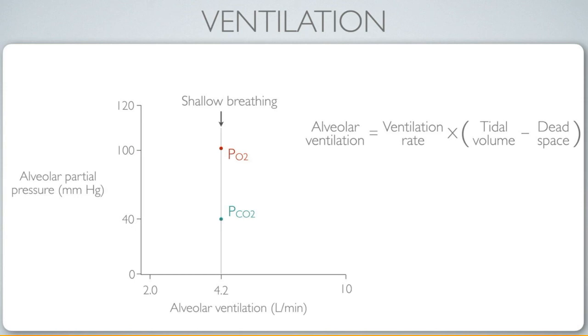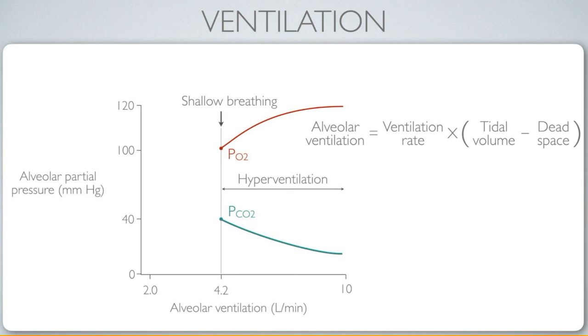Now, if you force yourself to breathe at a really high rate, and sometimes this can be triggered by panic attacks, or sometimes you just want to cause yourself to pass out, I guess, then you can move right on this curve. Now, hyperventilation is also partially a function of your own metabolic rate.